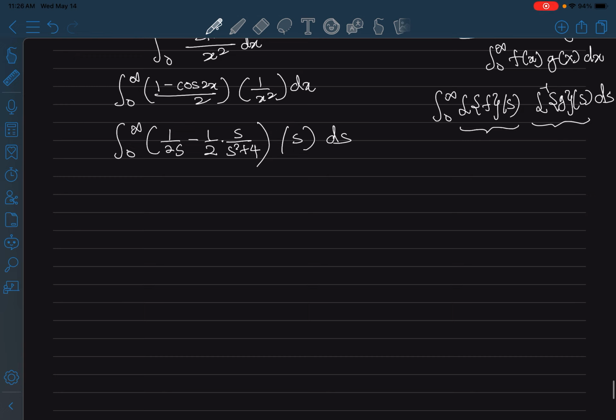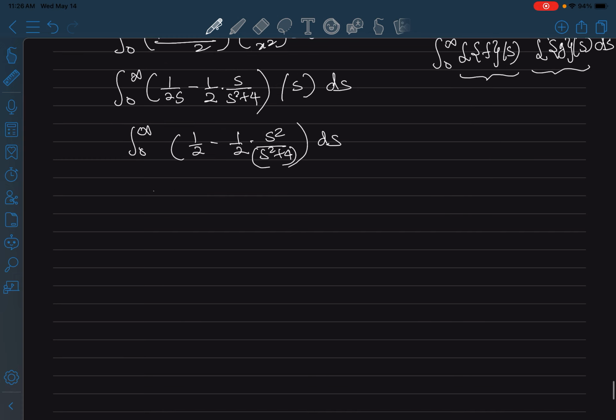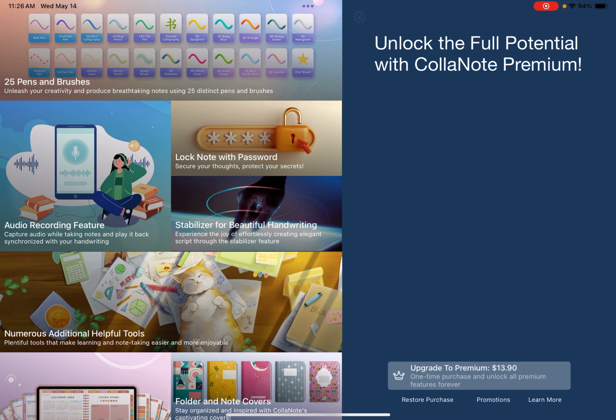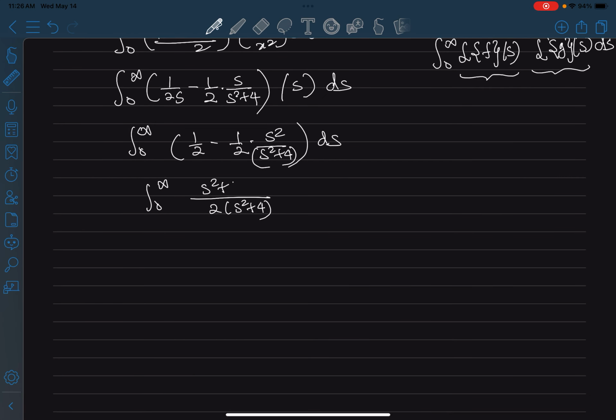I'm just using this. And now after this, I can multiply by s to get 1 over 2 minus 1 over 2 times s square by s square plus 4, ds. Now after that, integral from 0 to infinity, I can take 2 times s square plus 4 common. That gives us s square plus 4 minus s square, ds.